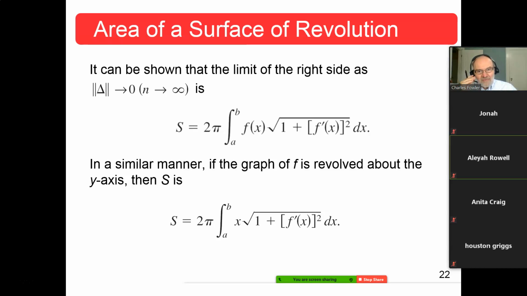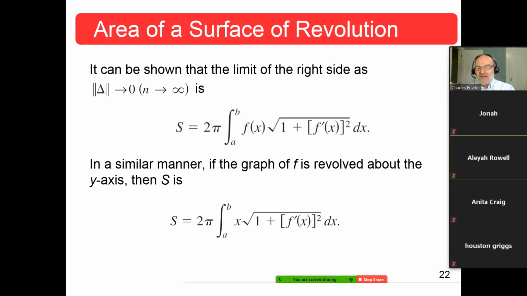In a similar manner, if you're revolving the graph around the y-axis, x is some function of y, and you take the derivative of that, square it, add 1 to it, and take the square root. This time, though, going around like this, it's not f of x but x, because that is your radius. Notice what they did here. Tricky, huh?